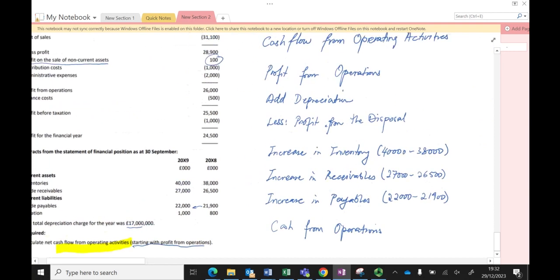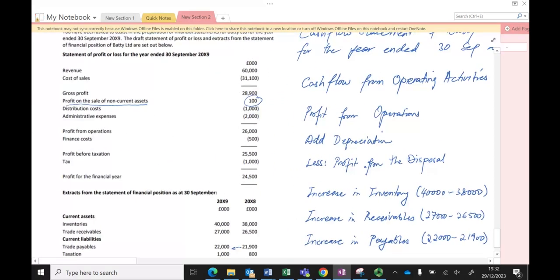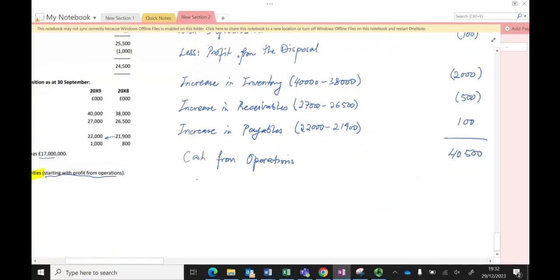Now we need to subtract the interest paid. In the question, the interest paid is 500. And tax paid.